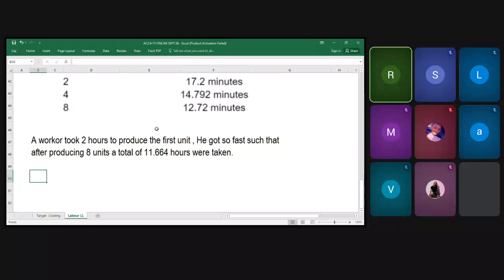Question, what is the labor learning rate?